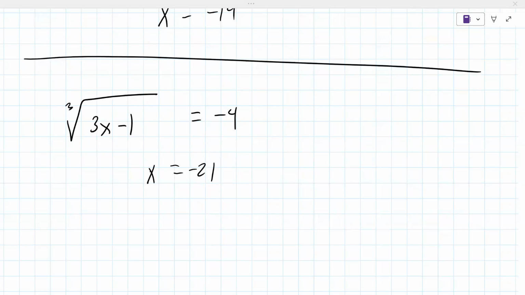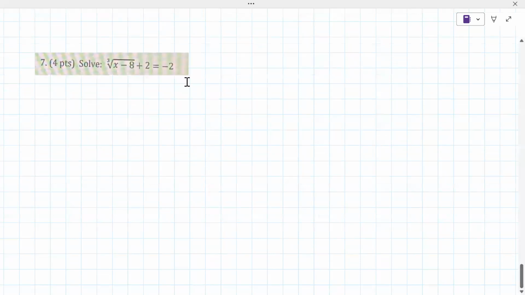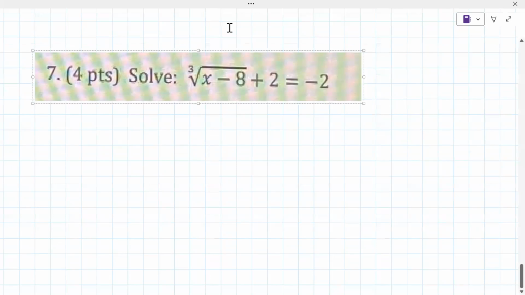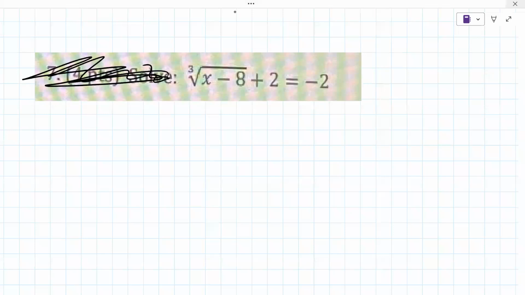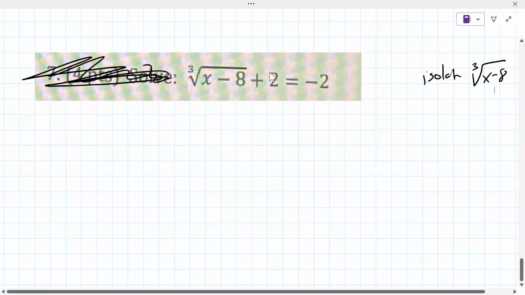So your original problem that all these were based on looked like this, which is kind of like what we've been doing. But you have to isolate the root. Now you play basketball, so you know what an isolation play is. You can't have anything else there. See how this is +2?